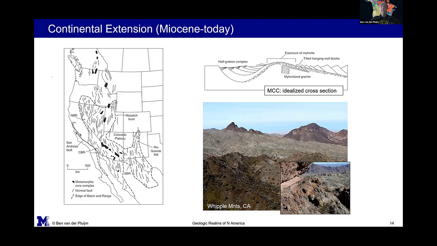You find that the deformed rocks at greater depth, sometimes the Precambrian, are being brought to the surface. Metamorphic core complexes was the term people coined before they understood them. So now we understand how they work. So that's why that area sits in.